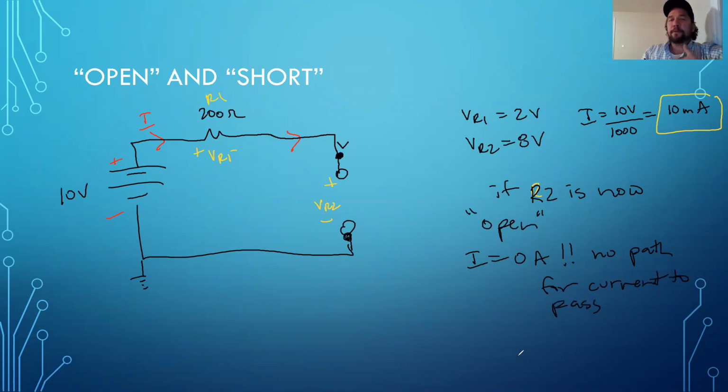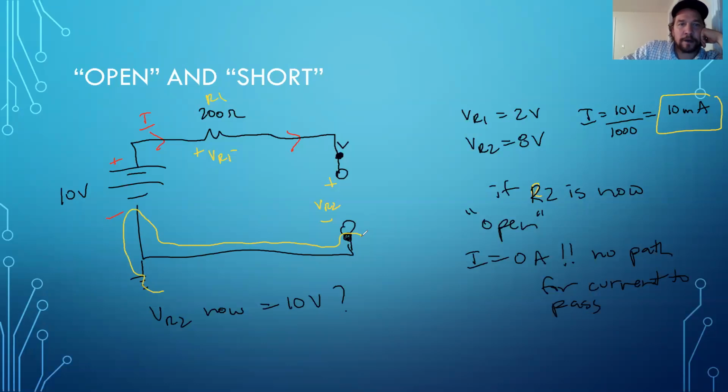Okay. But how do we prove that VR2 now equals 10 volts? Well, stop and think about it. We have down here just wire, and we have said that here is our 0 volts because of the ground. So this node here is 0 volts right here, this point.